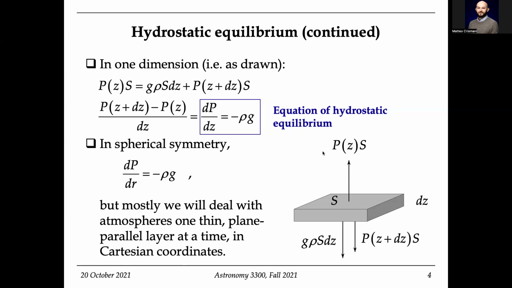That is what we're going for. This is the statement of hydrostatic equilibrium. Notice how I did that. I said that the pressure is in balance with gravity. And that's exactly what this says: the rate of change of the pressure is exactly equal to gravity pulling you down.